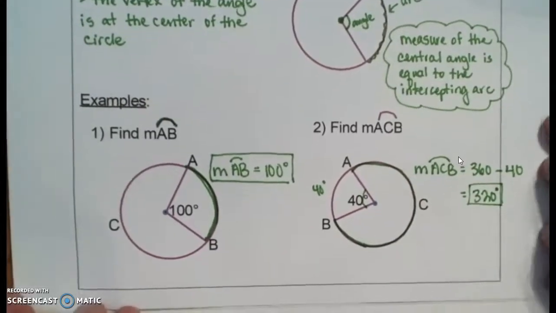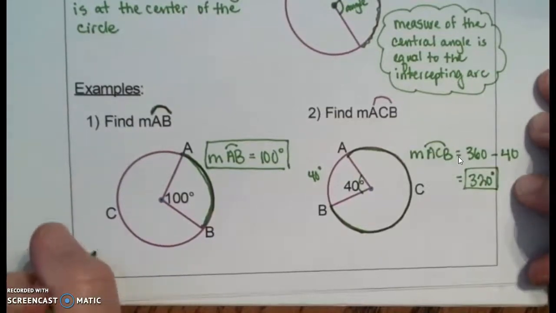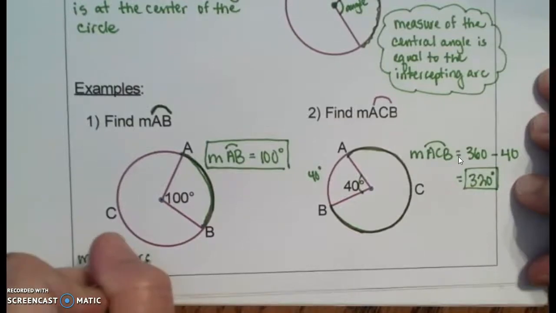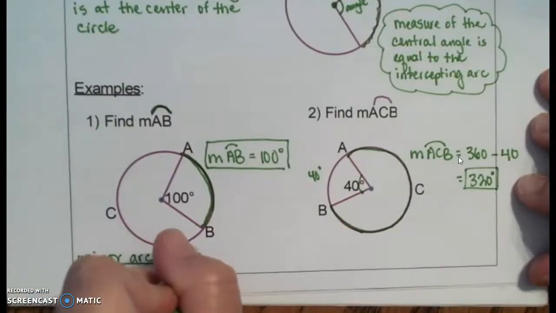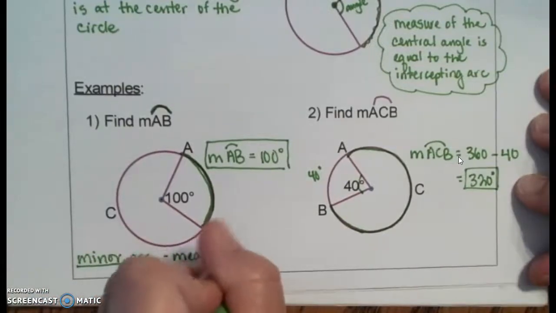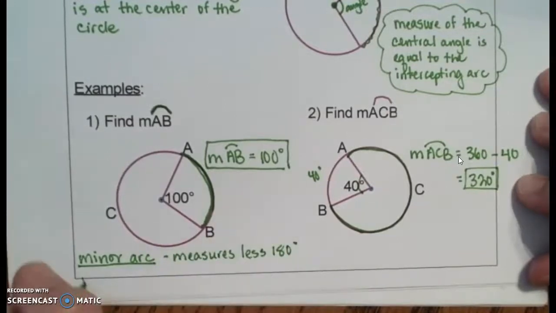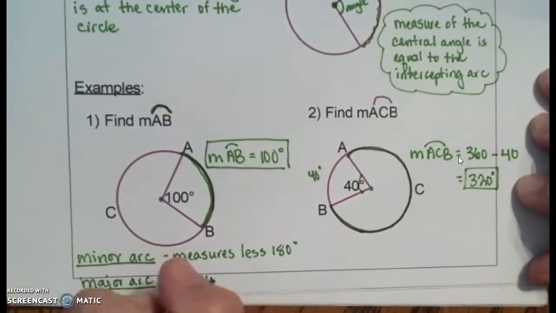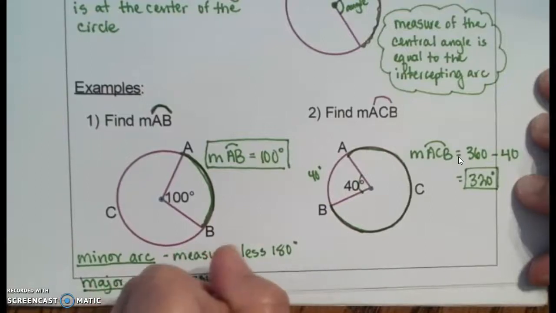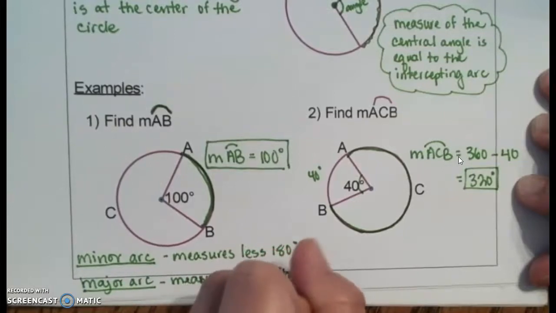Now something I want to add real quick is there's two types of arcs. There's a minor arc and a major arc. So in a minor arc, it measures less than 180 degrees. And in a major arc, it measures more than 180 degrees.